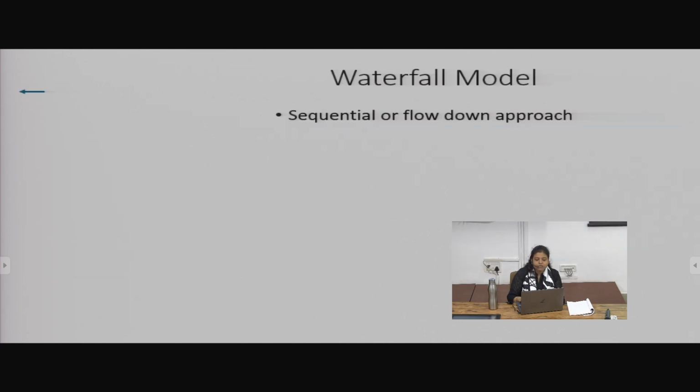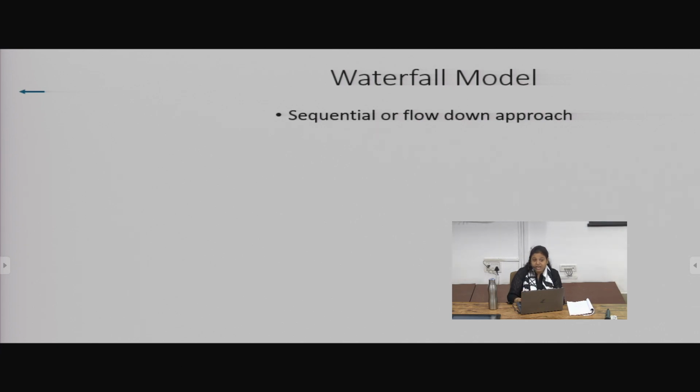Then the next is the waterfall model. Waterfall model is commonly known in the domain of project management, right? Waterfall model says that you should decide everything in advance. It's a plan driven kind of system. When you have planned everything in advance, you know exactly what you are going to do, what the logic is, and how exactly you are going to implement the features.